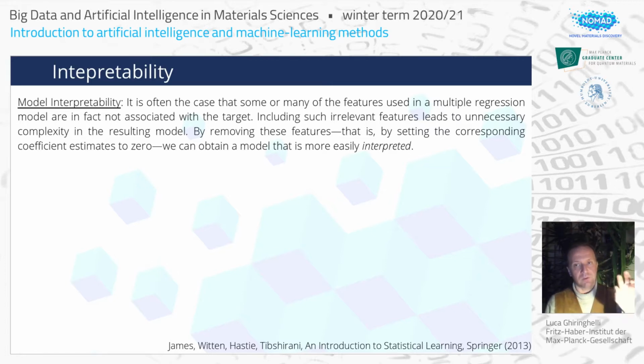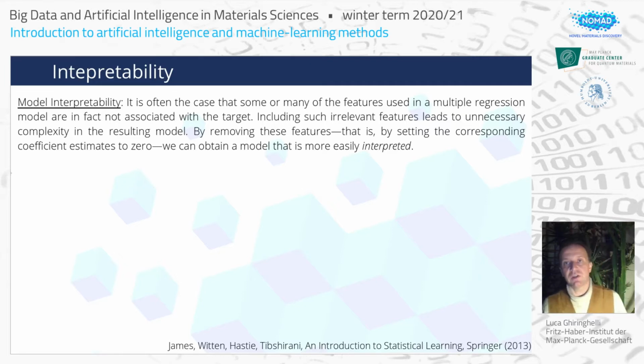Here I want to give the idea as simply as possible from a statistician like Tibshirani and the other co-authors. It is often the case that many of the features used in a multiple regression model are in fact not associated with the target. Including such irrelevant features leads to unnecessary complexity in the resulting model.